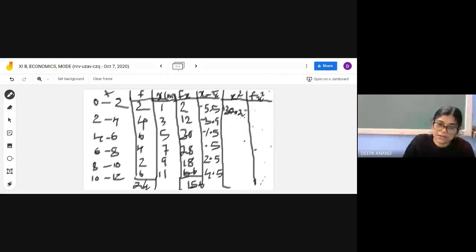The calculation will be a little difficult because it is coming in decimal. The square of this is 12.25. This is 2.25.